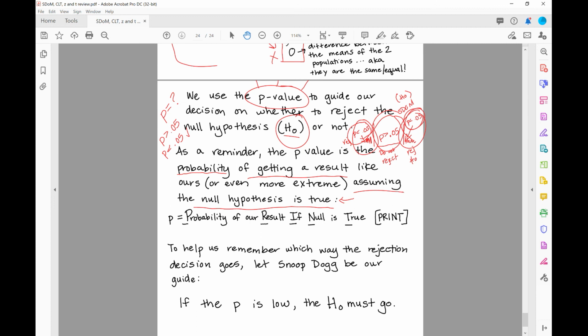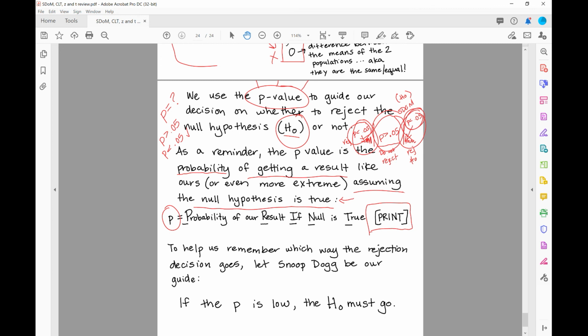And again, I like to use this little acronym of PRINT because this P, if you ask so many people who have had stats classes what P is, and even people who teach it sometimes tell it to you wrong, right? It's very easy to misinterpret what this p-value is.